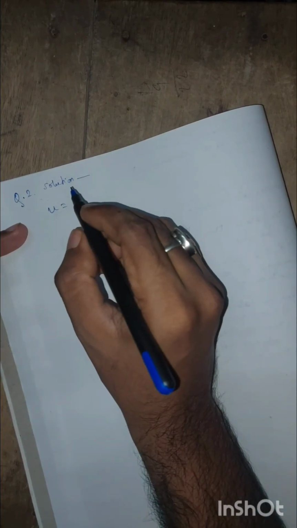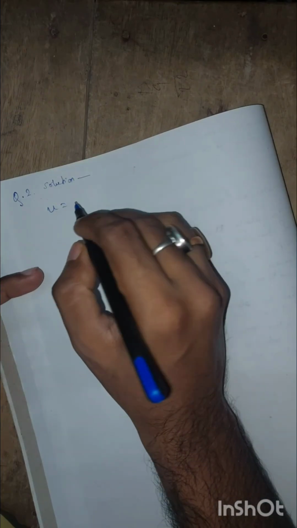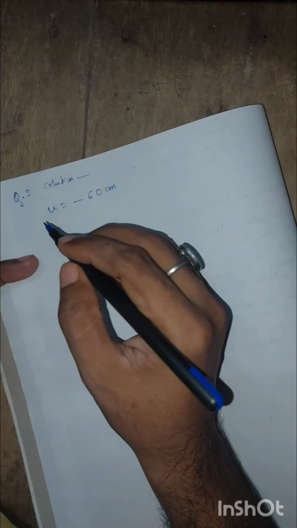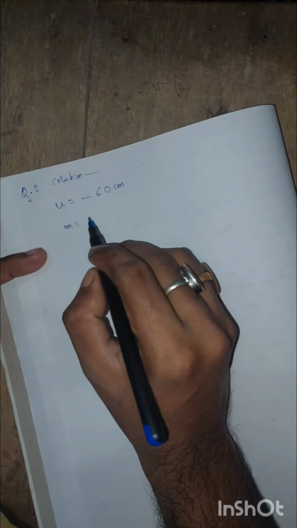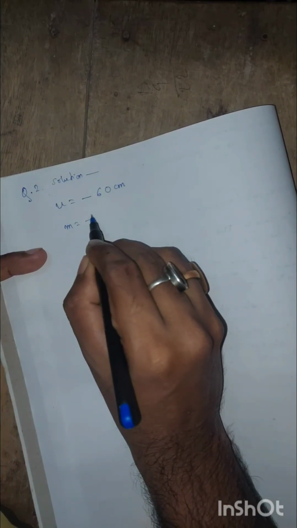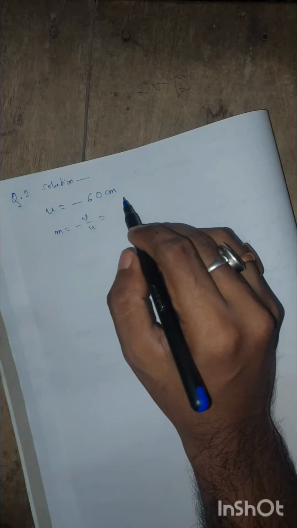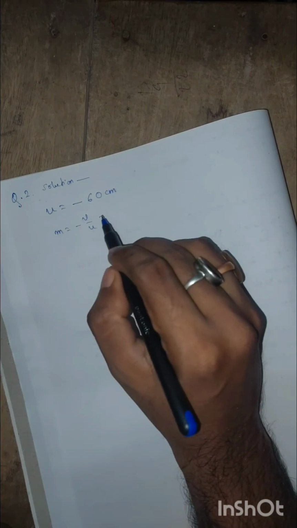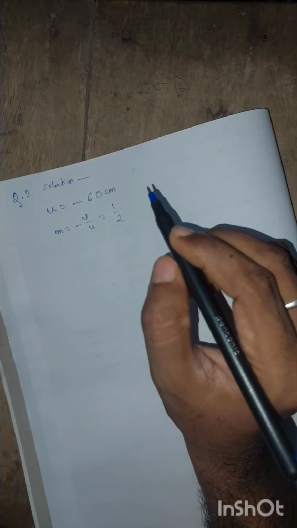U is given, and for a convex mirror object distance is negative. So object distance is given, which is minus 60 centimeter, and the magnification is given. We know the formula for magnification is m equal to minus v by u, but for a convex mirror we get a virtual image, and for a virtual image the magnification is always taken positive, so it is equal to half.